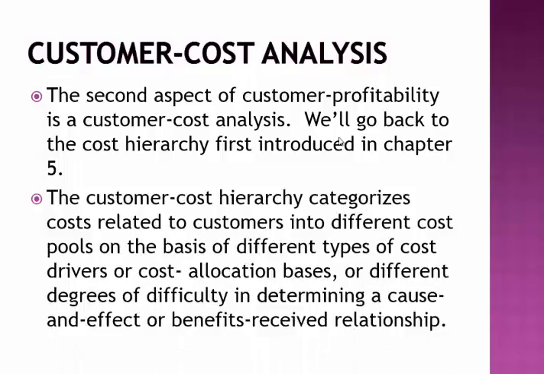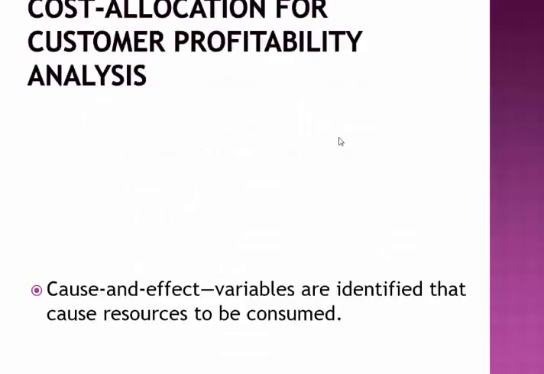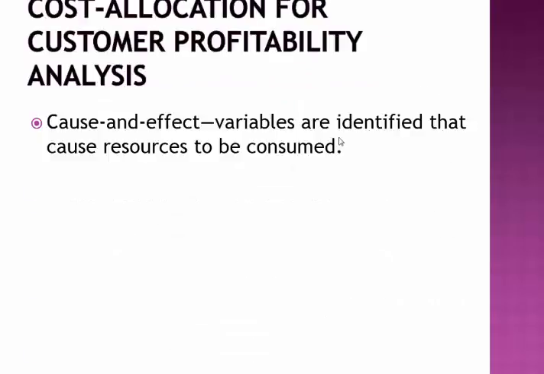But the customer cost hierarchy categorizes costs related to customers into different cost pools on the basis of different types of cost drivers or cost allocation basis, or different degrees of difficulty in determining a cause and effect or benefits received relationship. Alright, let's look at the 5 different categories.